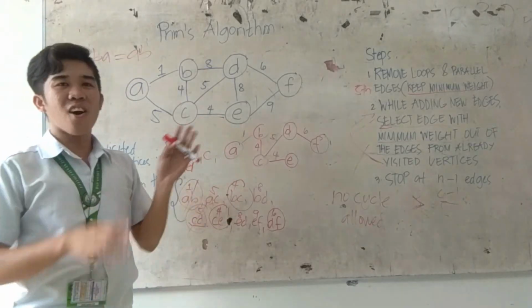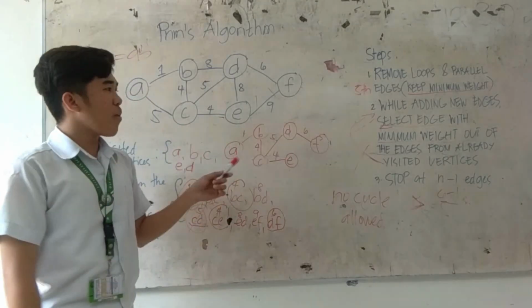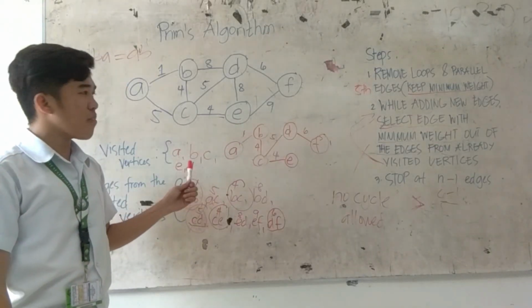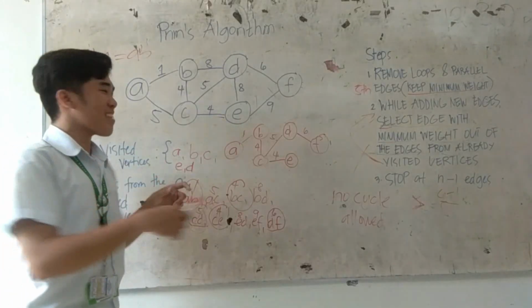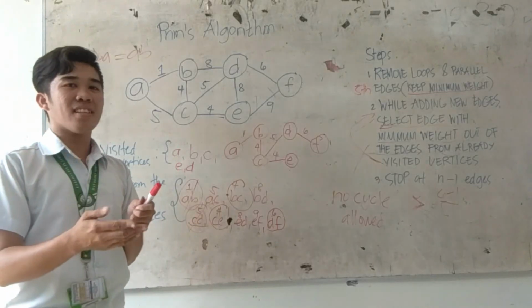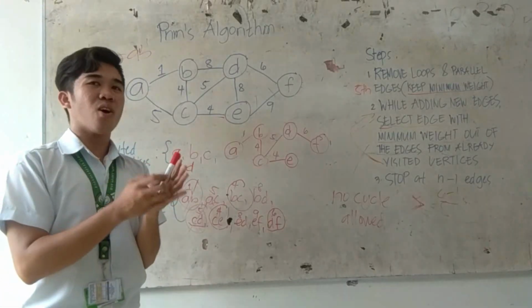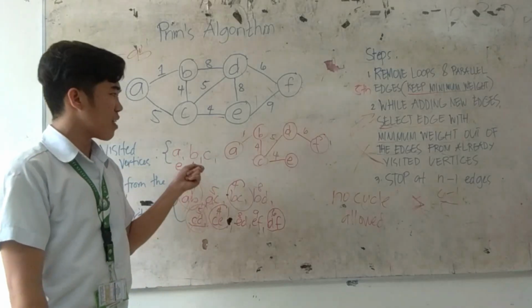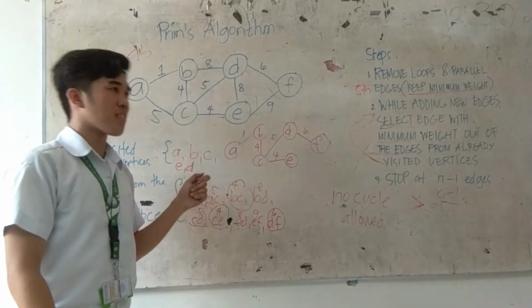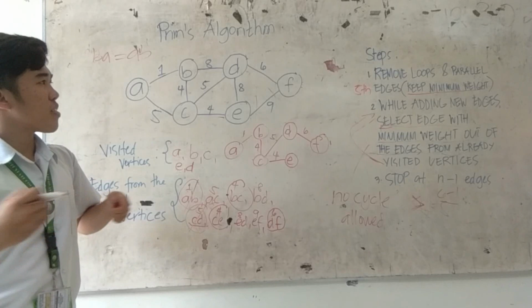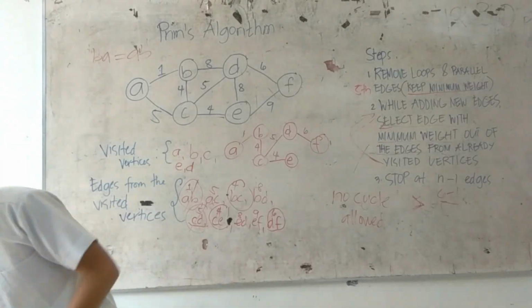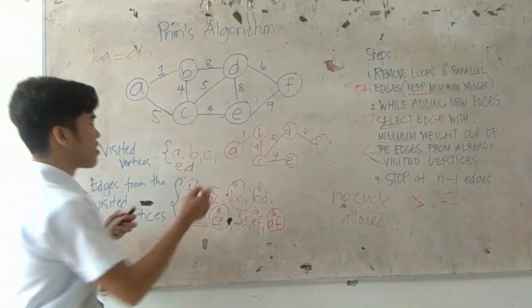That's the common mistake. You can find in this example that it is not always in the newly visited vertex. Okay? So F is the newly visited now.